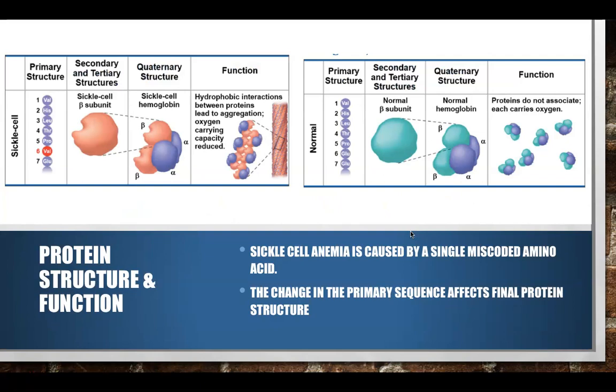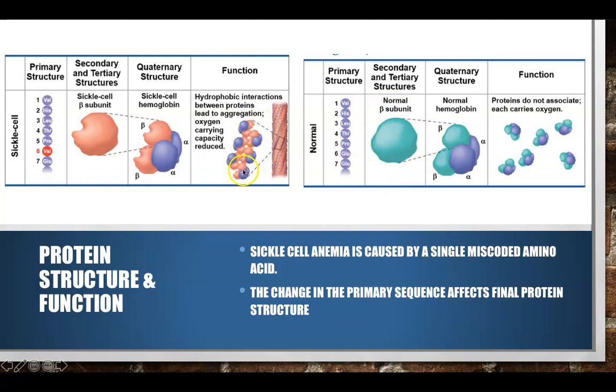One way you can see the effects of a change in protein structure is with the disorder sickle cell anemia. Sickle cell anemia is caused by a single miscoded amino acid sequence. One base was incorrect, which coded for one wrong amino acid. That amino acid caused the protein to fold incorrectly. So the beta subunit is folded incorrectly. When that beta subunit combines with the alpha subunit in a quaternary structure, you end up with a hemoglobin or a red blood cell that is shaped like a sickle instead of shaped as an oval as it should be.